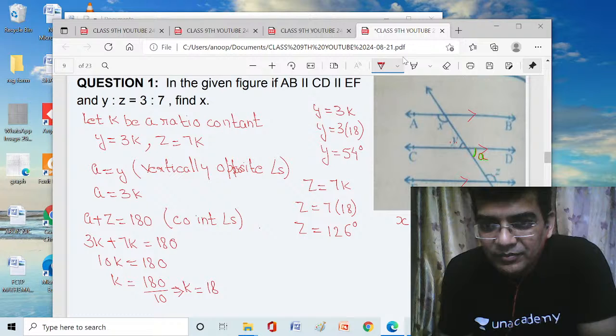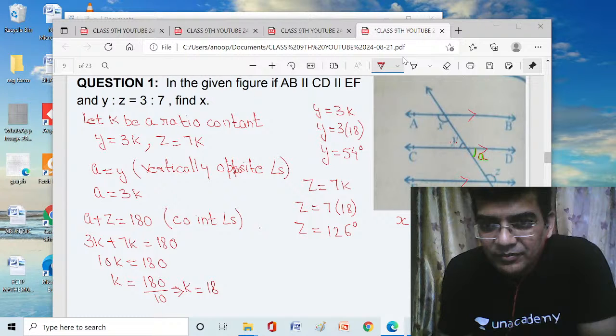Now in the figure I see that a and z, they are co-interior angles. So their sum will be equal to 180. So 3k plus 7k is equal to 180 and I get the value for the ratio constant k.